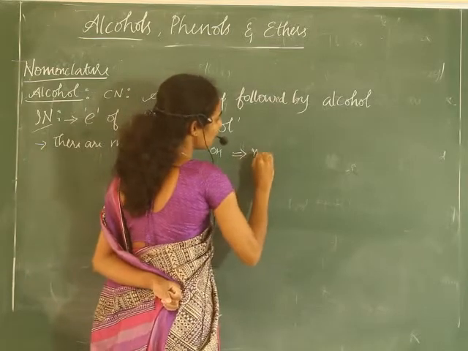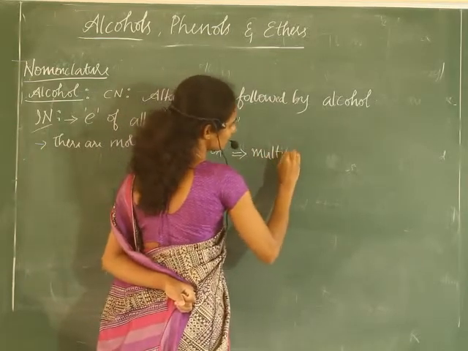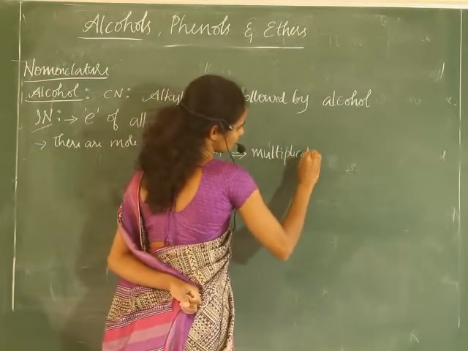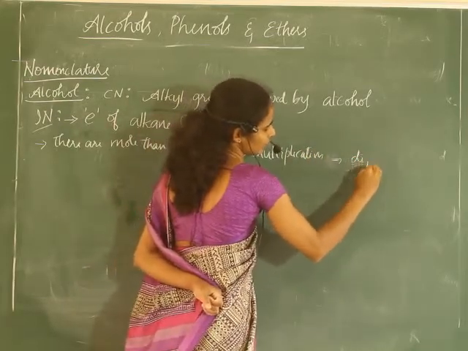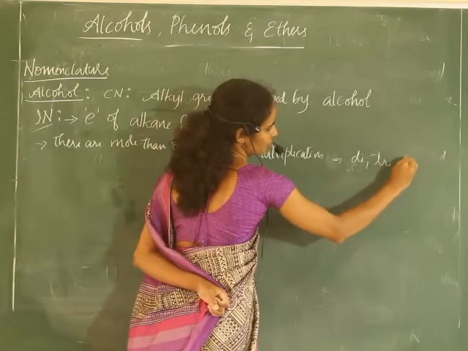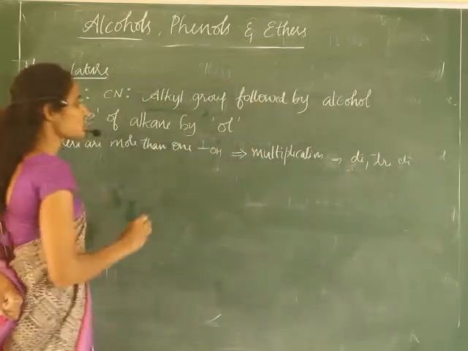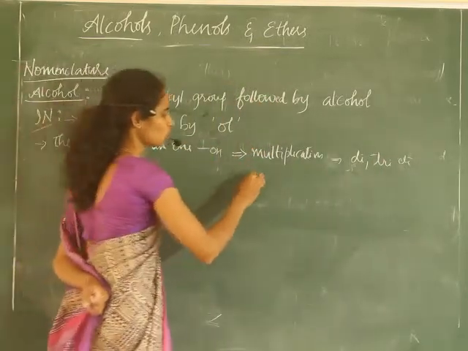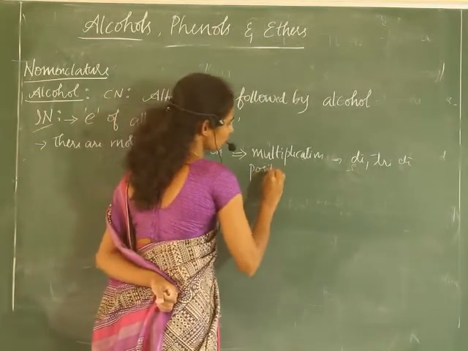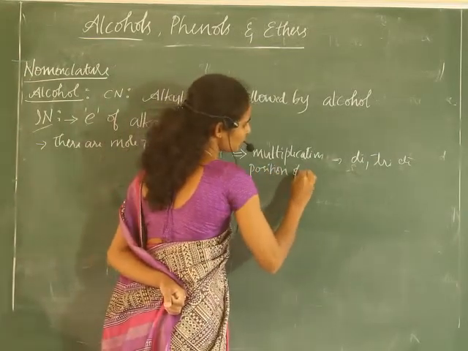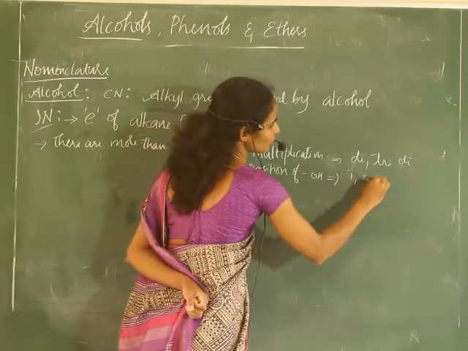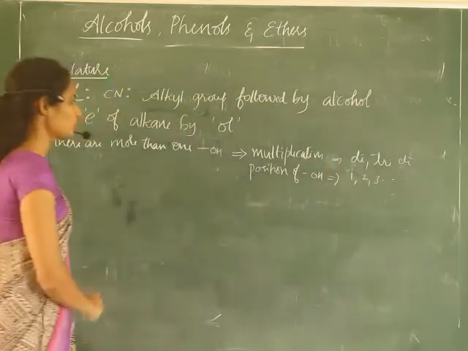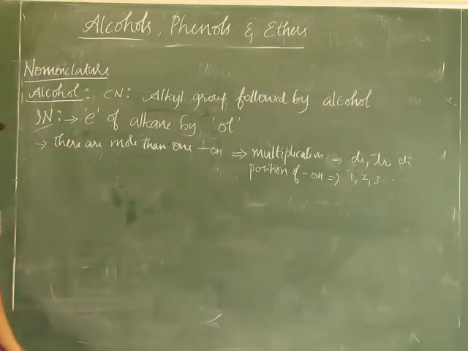We use multiplicatives, right? What multiplicatives? Like di, tri, etc. And the position of the OH groups is represented by numerals or locants, like 1, 2, 3, etc. That is about IUPAC nomenclature of alcohols.